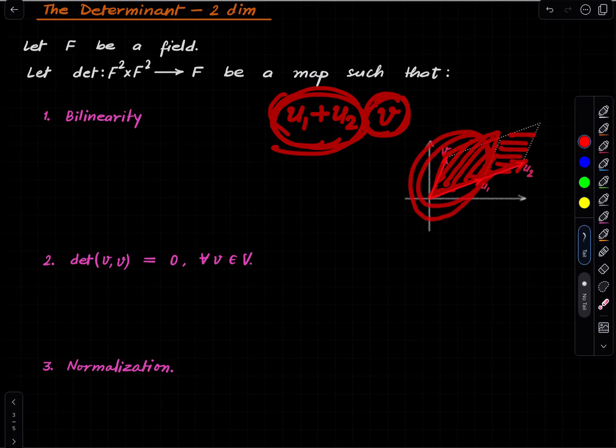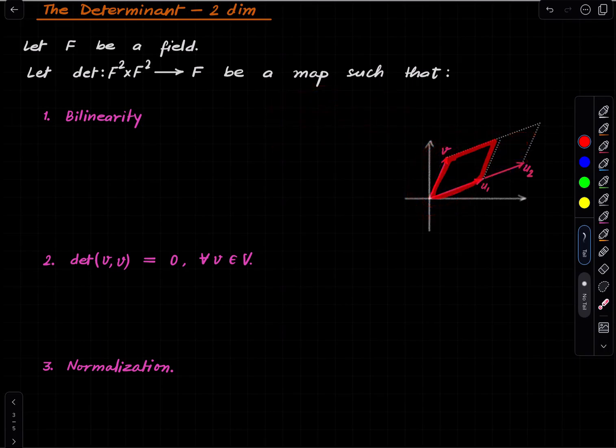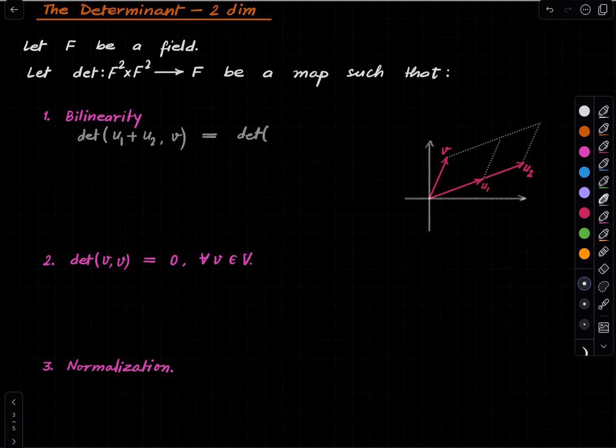It should be intuitively clear that it is nothing but the sum of this area and that area. The first one is just the area of this parallelepiped and the second one is the area of this parallelepiped. So at the very least, it is reasonable to ask that the determinant function satisfy this axiom. This axiom is motivated immediately from our intuition in R2. Similarly, in the second coordinate, if you play the same game, you should demand this.